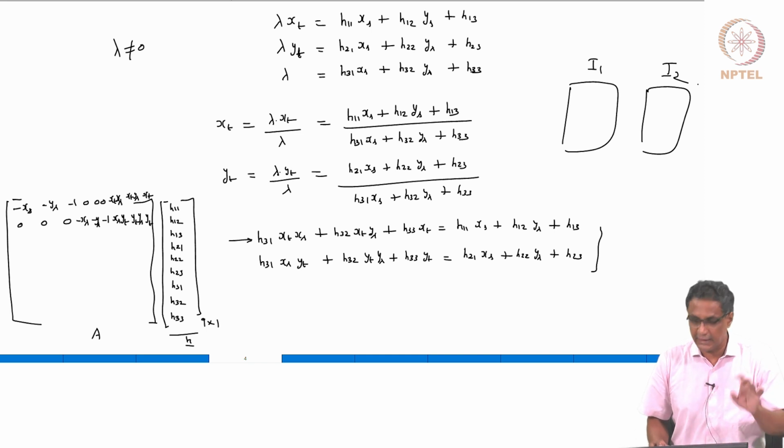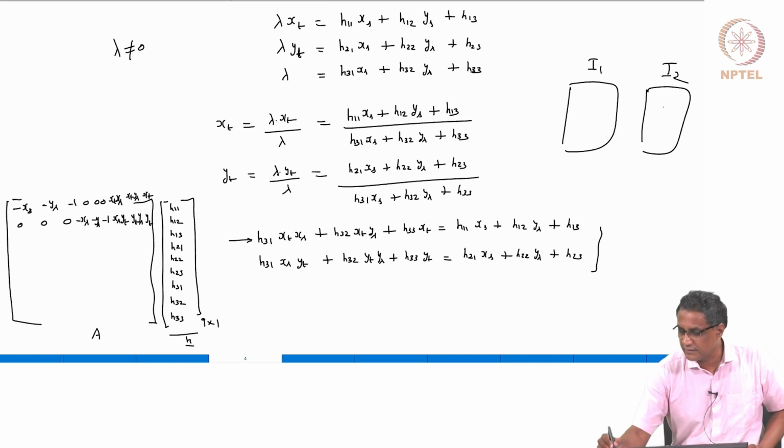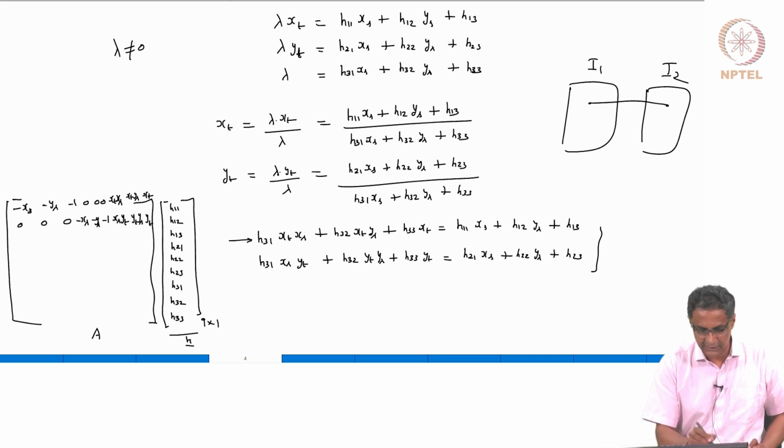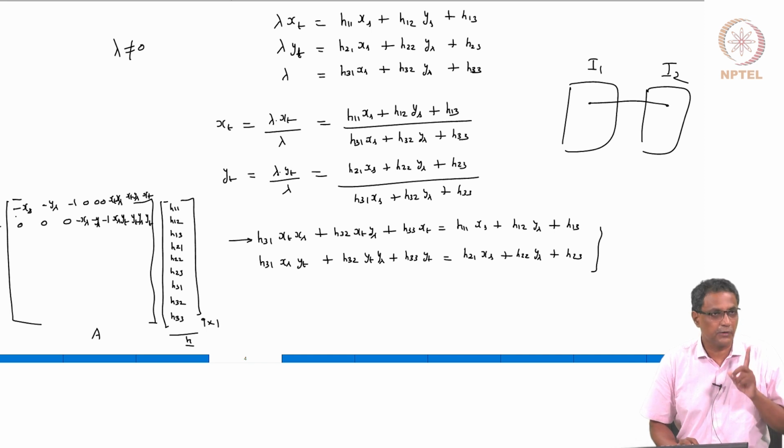How do I relate the two? Given one point correspondence, I can get two equations, because I have only 8 unknowns in my H.